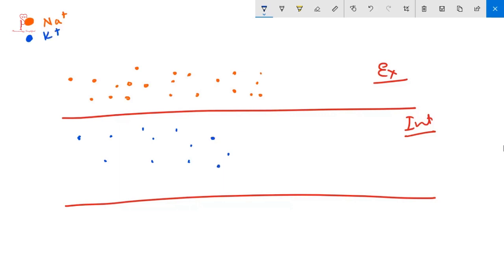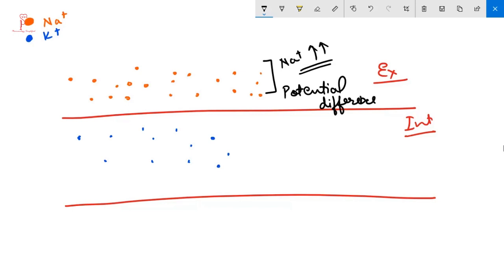Since the concentration of sodium is so high outside, this leads to generation of a potential difference. The outer side of the membrane has positive charge, and the intracellular side has negative charge.